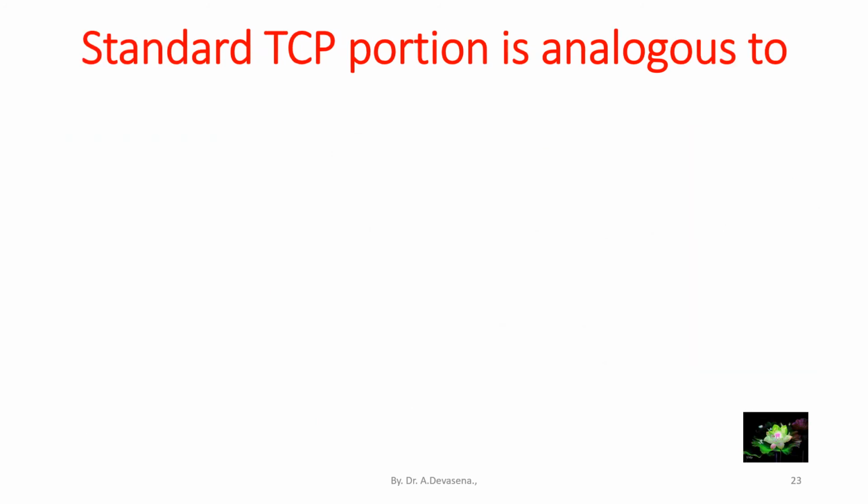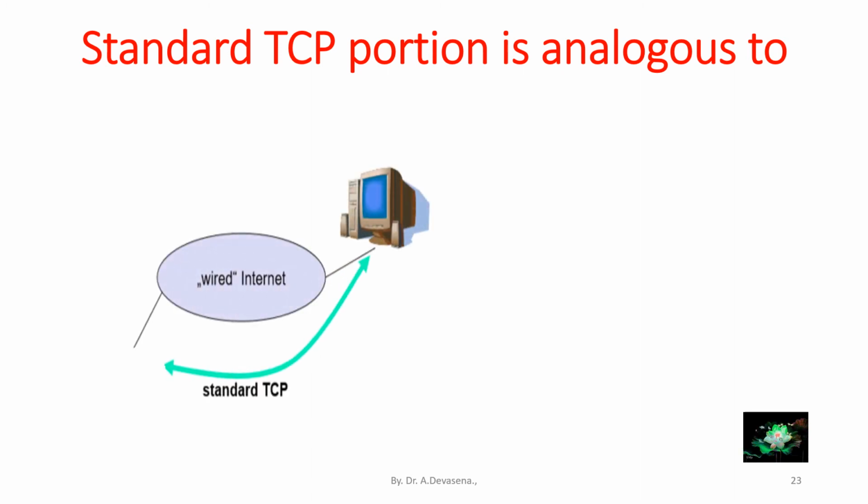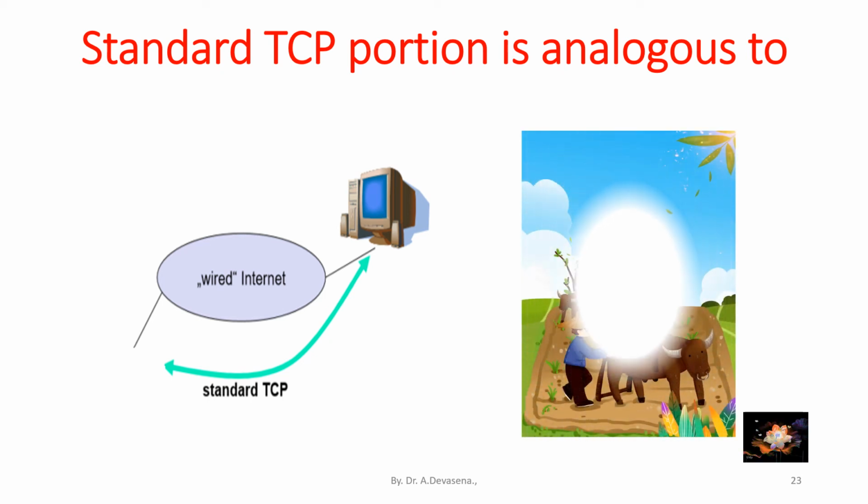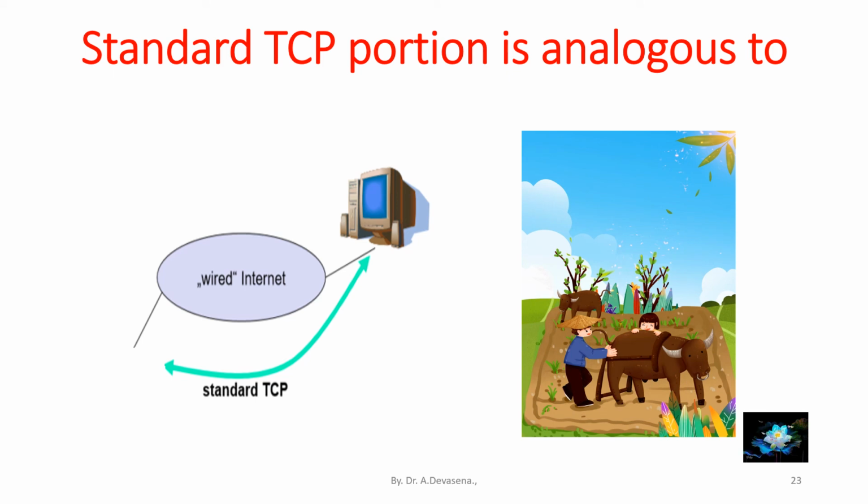Here, the standard TCP portion in the indirect TCP is analogous to, this is our standard TCP. The standard TCP is analogous to the farmer cultivating the food materials or crops in the land. Both the functions are analogous, that we have to know.